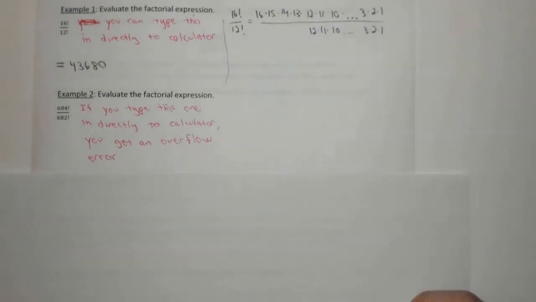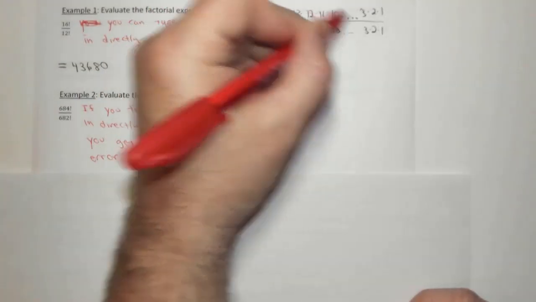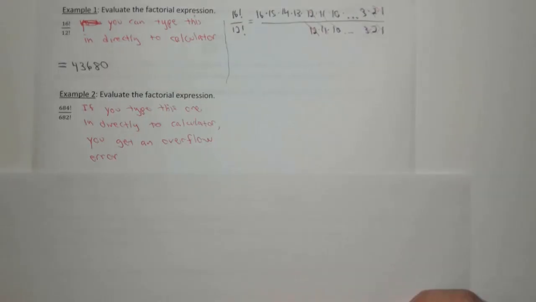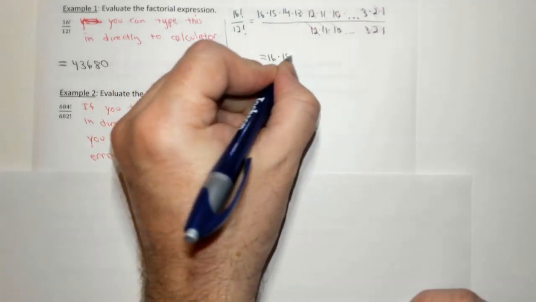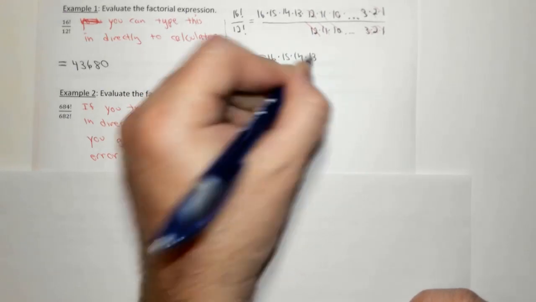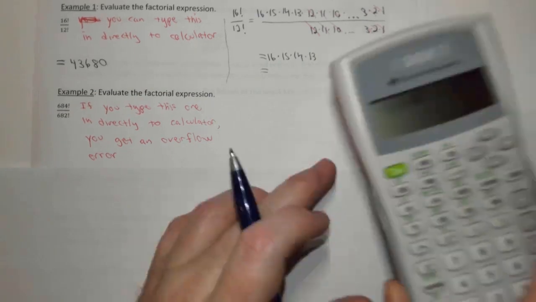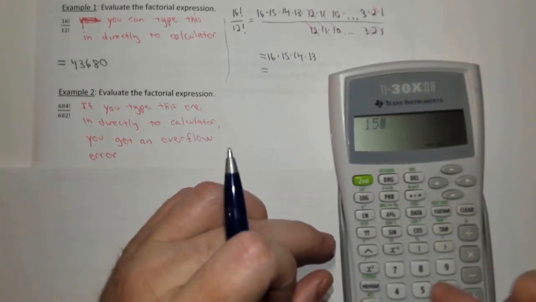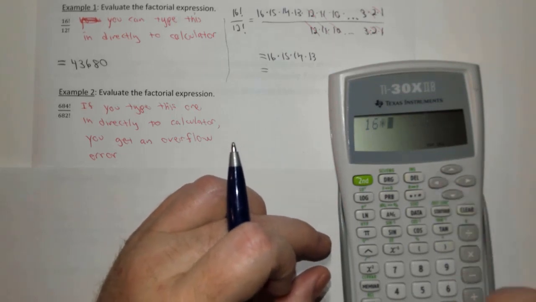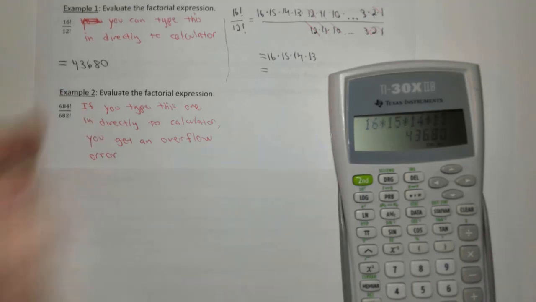So you should be noticing that everything under the 12, including the 12, is going to cancel out. Right? So we end up with 16 times 15 times 14 times 13. And if I type that into the calculator, I hope I get 43680. 16 times 15 times 14 times 13, 43680.